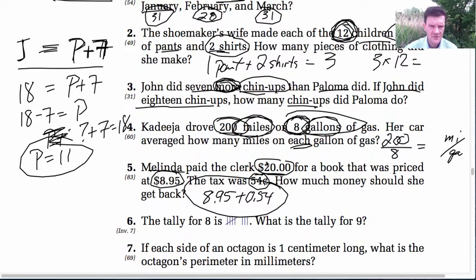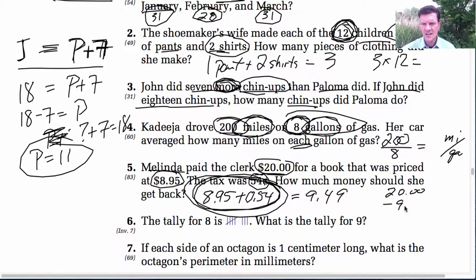So now to find out the difference, you need to take this number, $8.95 plus 54 cents, which by the way is going to be $9.49 if I did that correctly. Okay, I think so. But then she gives her a $20 bill, so you're going to take your 20 and subtract the $9.49. Okay?